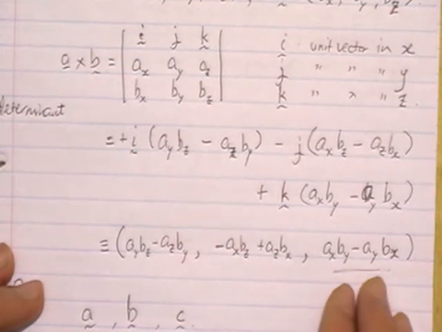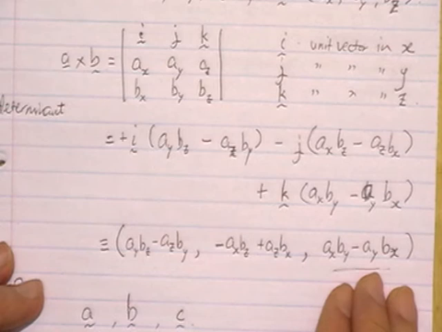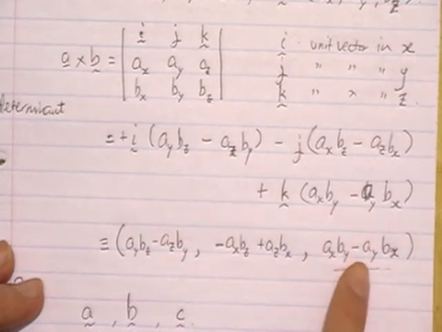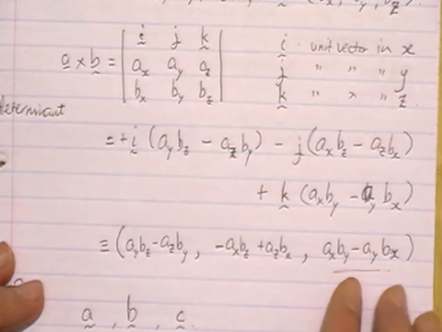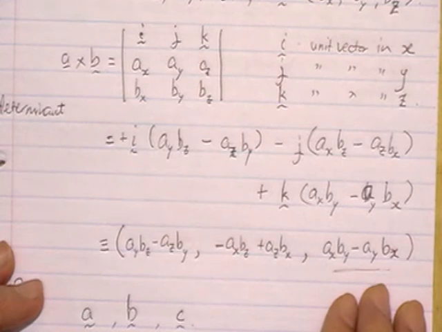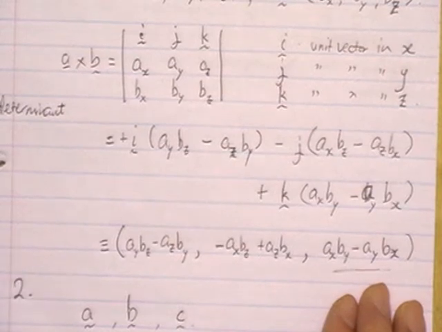So if A and B are in the xy plane, then this z component is equal to the area of the parallelogram formed by A and B.